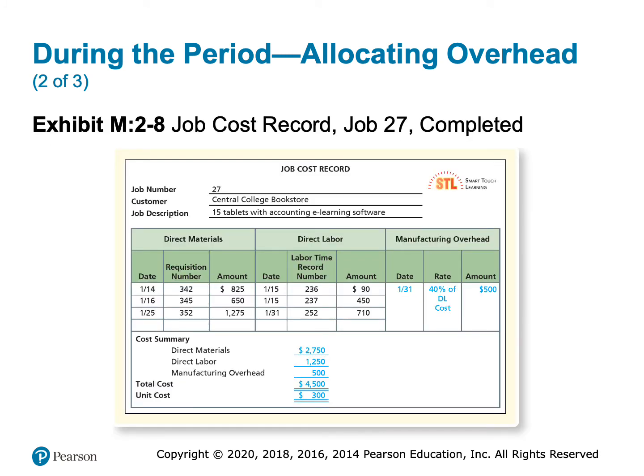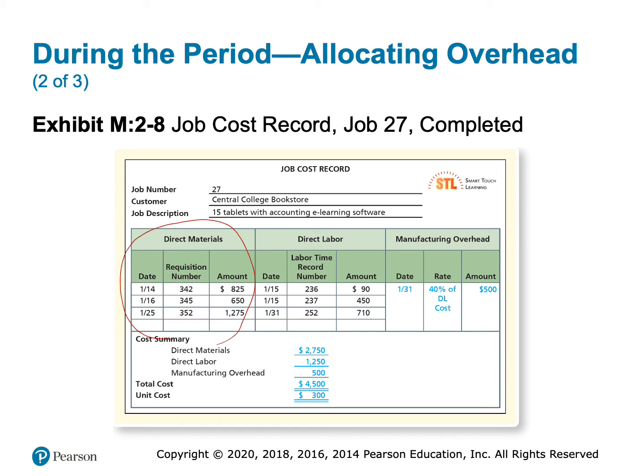So here we're looking at job 27's job cost record. We're going to see that they used $2,750 in direct materials. They used $1,250 of direct labor, and they used $500 of overhead, or that's how much we're applying. So we can see their materials cost right here.